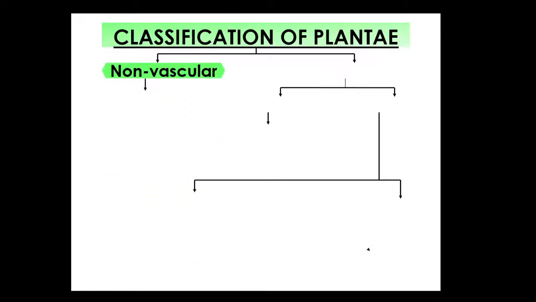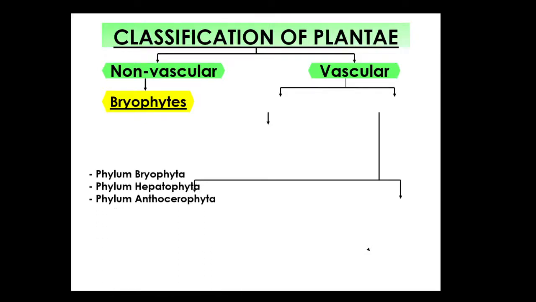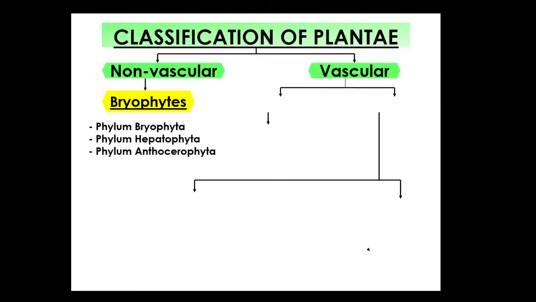First, we look at whether it is non-vascular or vascular, which means does it have a proper vascular system? Does it have real xylem and phloem? If it is non-vascular, it doesn't have any xylem or phloem, it is under group Bryophytes. Within group Bryophytes, we have phylum Bryophyta, phylum Hepatophyta, and phylum Anthocerophyta.